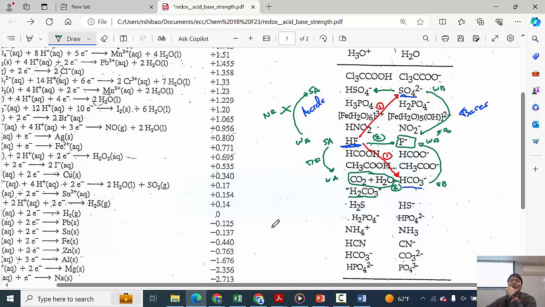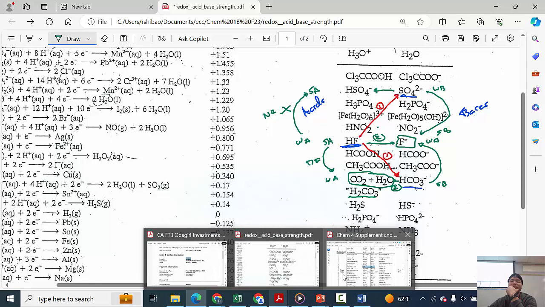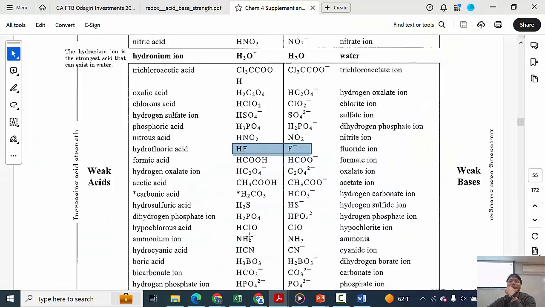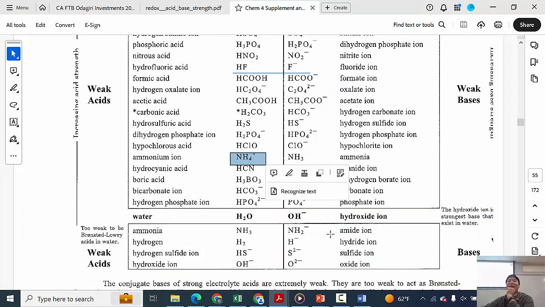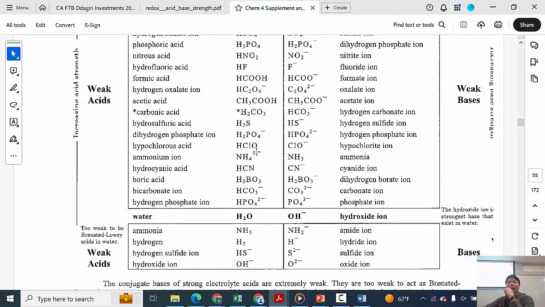Okay, so let's take a look at something else. Let's look at ammonium, for example. Ammonium's an acid. What does this acid react with? In an acid-base reaction, not everything.